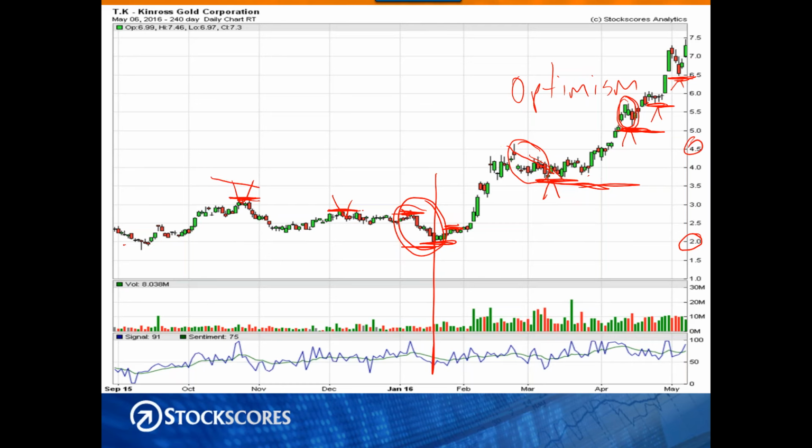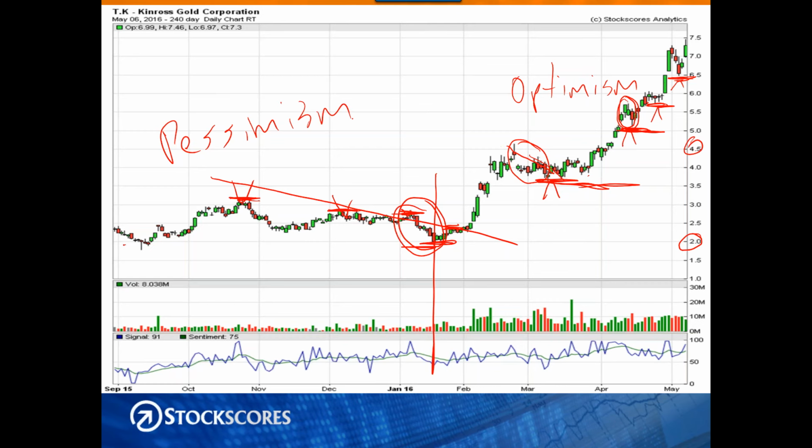And so during this period here, we had falling tops, which meant that the sellers were in control, that the market was pessimistic. Now, again, it wasn't strongly so. If we took this stock back a lot longer, you would see that there were a number of years when we had pessimism in the gold mining stocks, but that's been changing in the last 6 or 8 months.